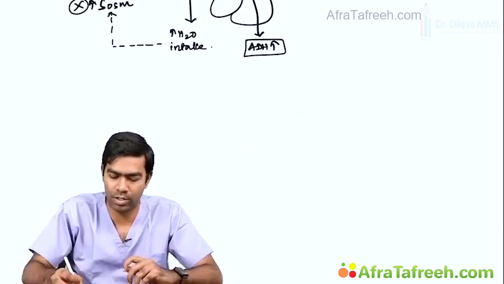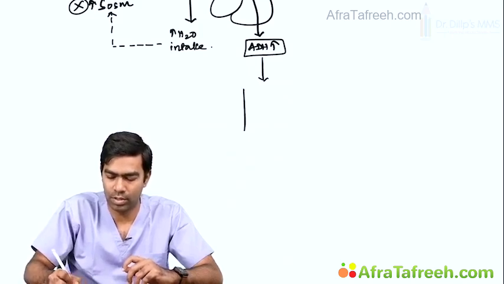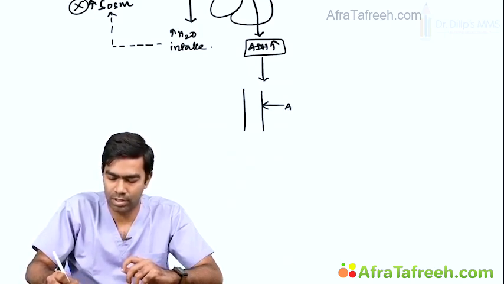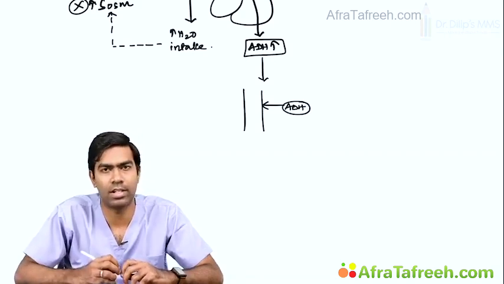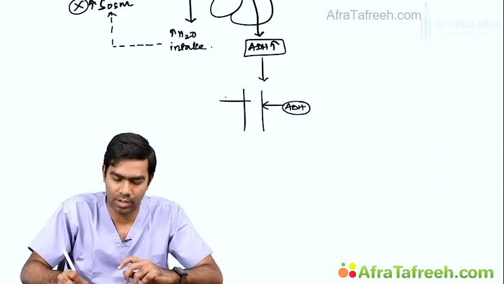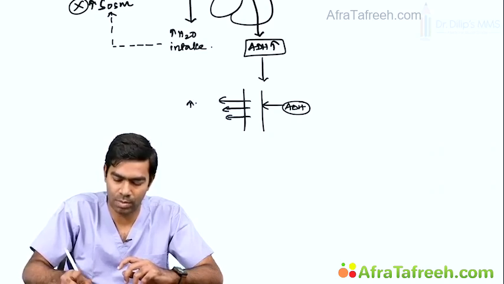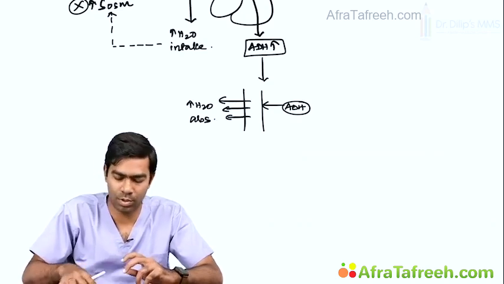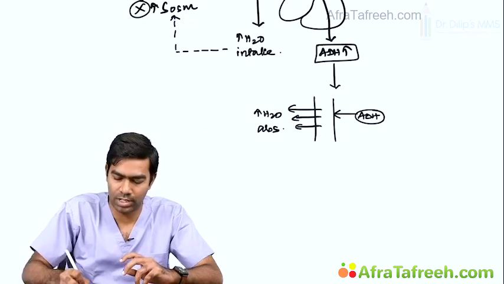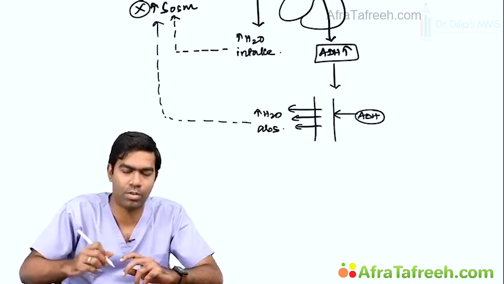And what is ADH going to do? ADH is going to act on the kidneys in the distal part of the nephron, in the collecting duct, and cause excessive water reabsorption. Once again, the reason is to neutralize this excessive serum osmolarity.